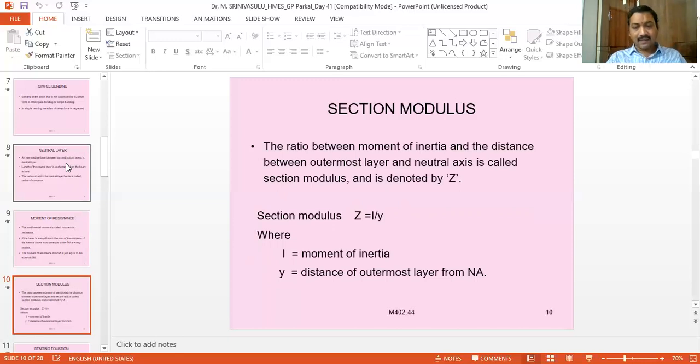Generally the neutral axis acts from the midpoint, so if it has a uniform thickness, then half of the thickness will be y. So the section modulus Z is equal to I by y, where I is the moment of inertia and y is the distance of the outermost layer from the neutral axis.